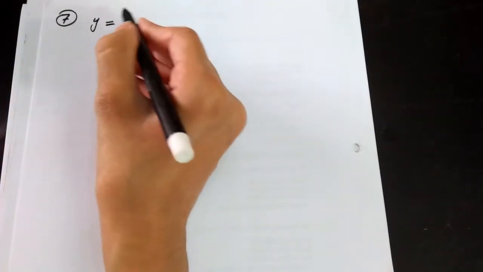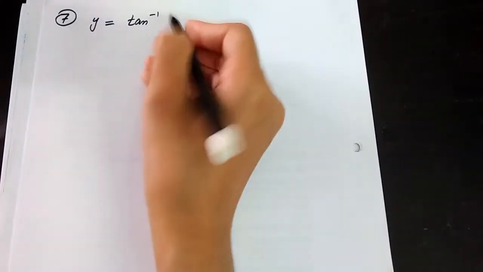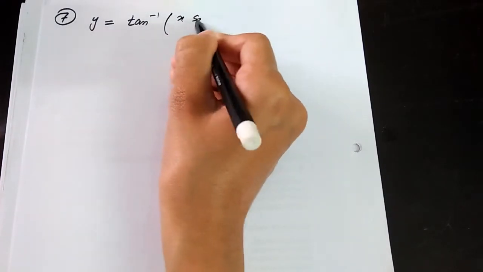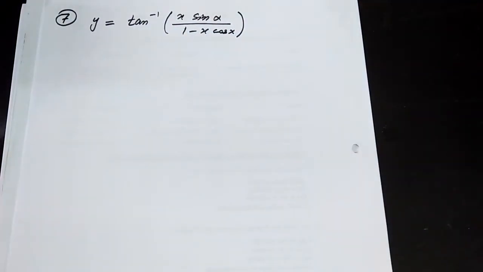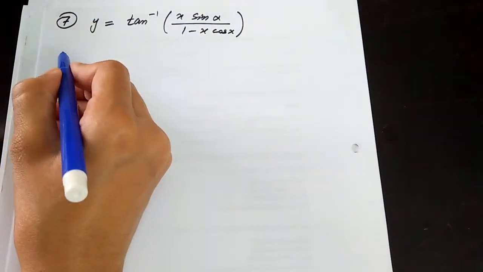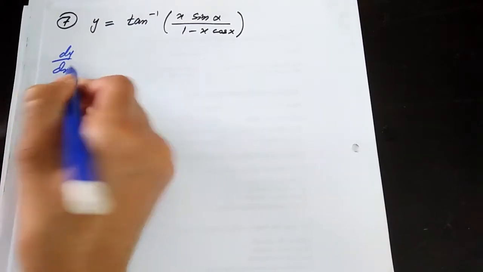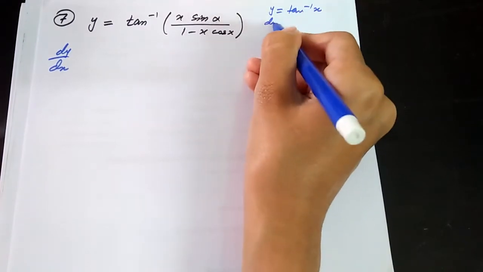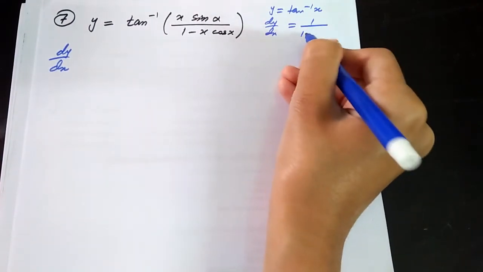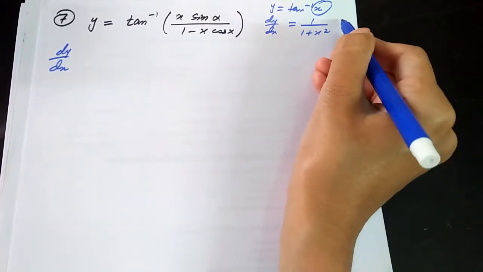Let y is equal to arc tangent. Arc tangent is basically tangent inverse. Arc tangent of x sin alpha over 1 minus x cos alpha. Differentiating both sides with respect to x, we will get dy/dx. Now if we have y equal to tangent inverse of x, then its derivative will be 1 over 1 plus x square, 1 plus angle square, and the derivative of the angle.